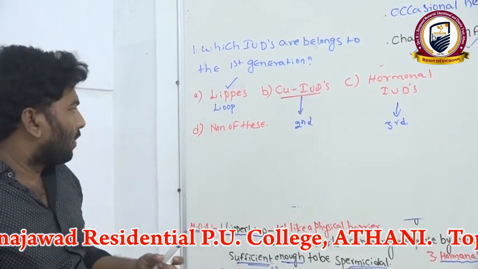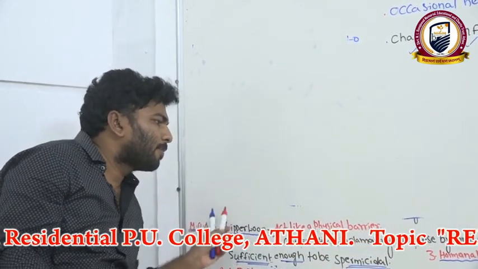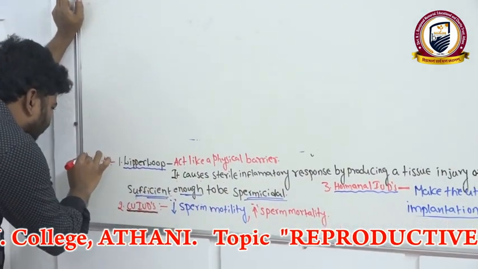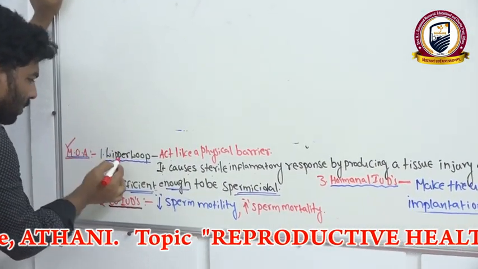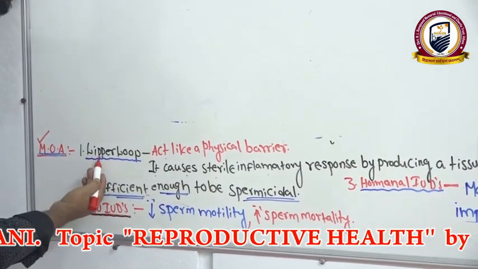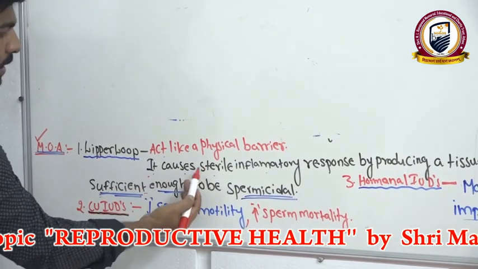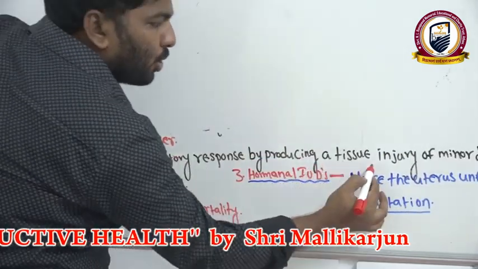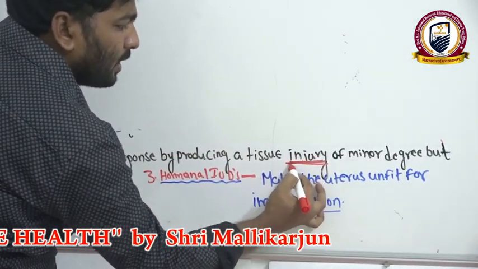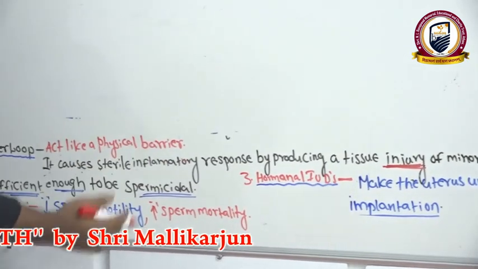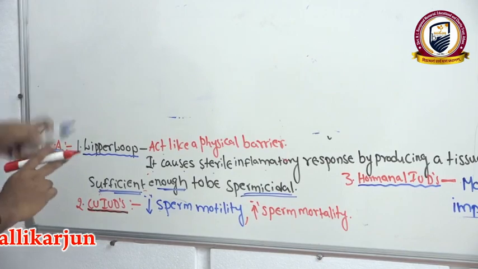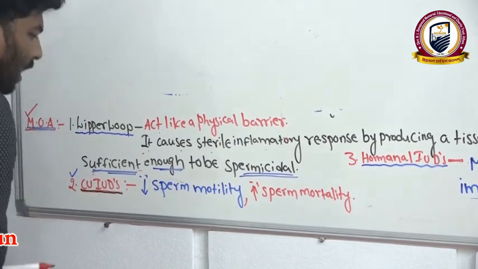Clear? Now the mechanism of action of different types of IUDs we'll discuss here. First, Lippers loop. Its mechanism of action is that it causes a sterile inflammatory response by producing a tissue injury. Because of this, we know it increases the phagocytosis process. Now the next one, second, copper ion releasing IUDs.